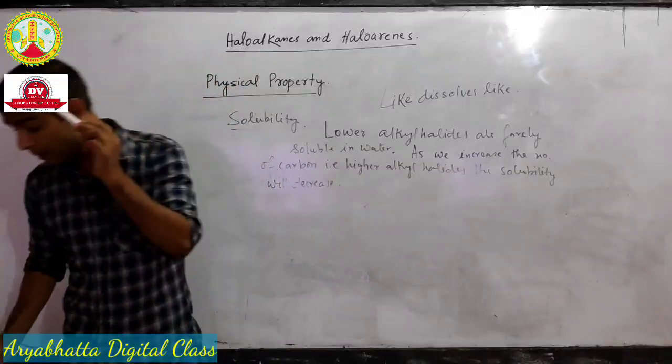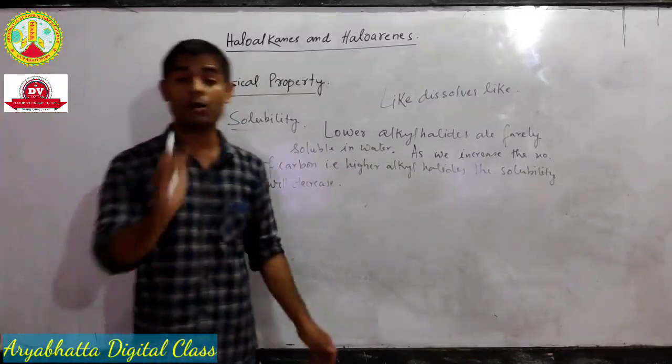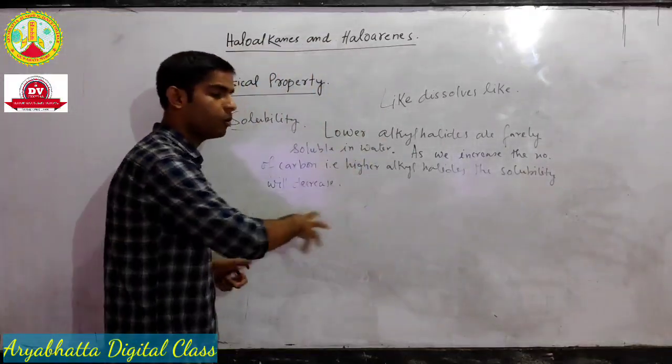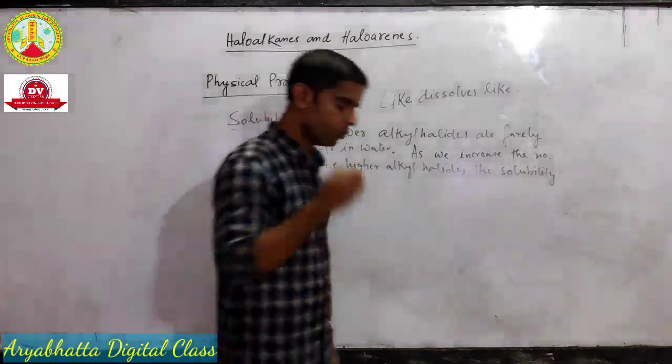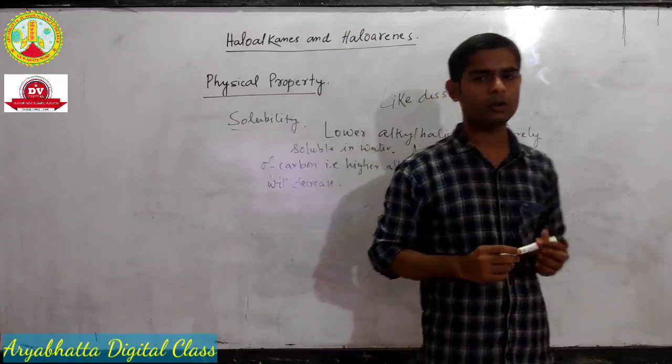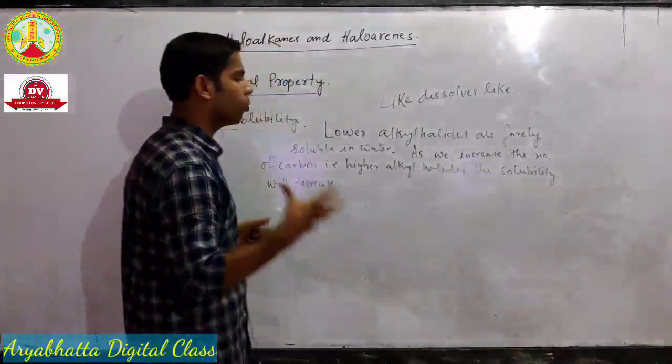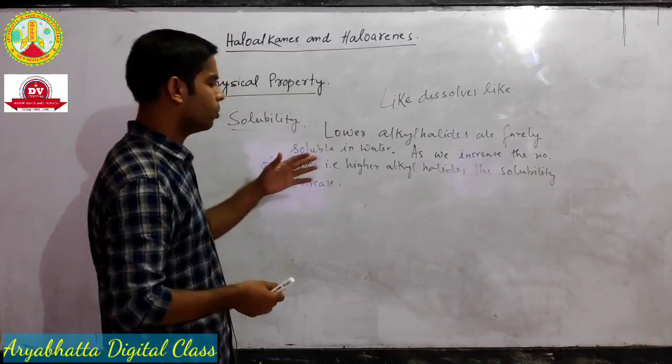But you have to keep in mind that I am talking about the solubility in water. I am not talking about any organic solvent yet. We will discuss organic solvents also, like benzene or carbon tetrachloride.